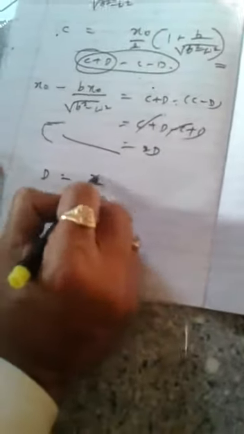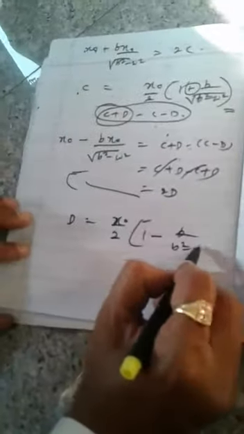So c cancels, therefore this will be 2d. Simplifying this equation, we get d equal to x naught by 2 times 1 minus b by square root of b square minus omega square. This is called equation 1.